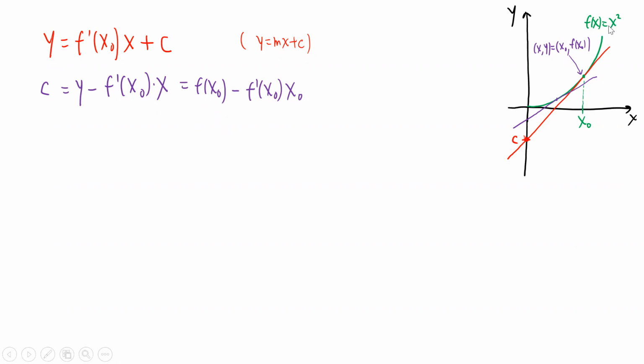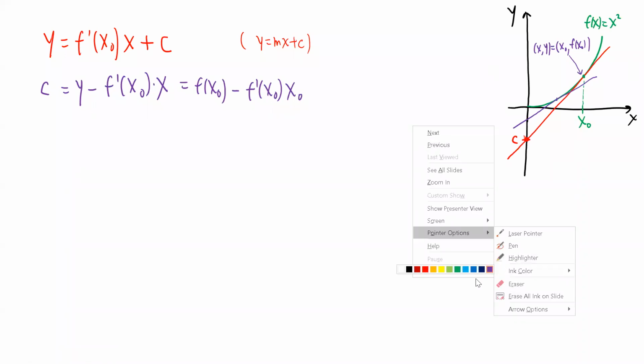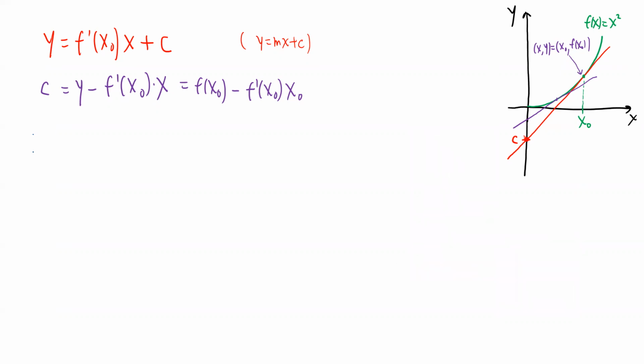So now I'm going to define g as f minus x times f prime. Essentially, the g function is the C function, but I'm just going to call this g in the discussions following.